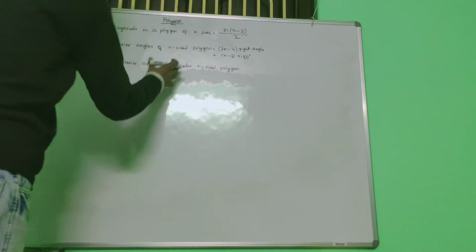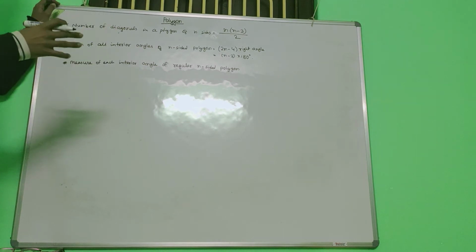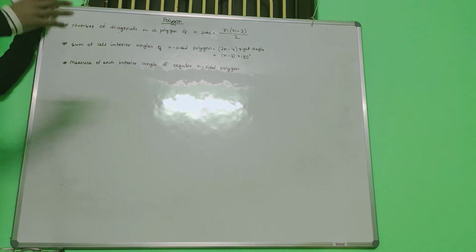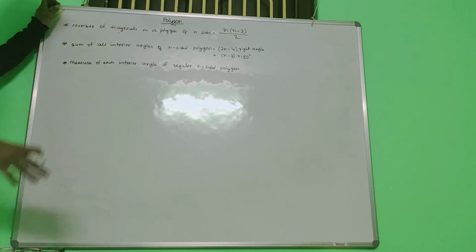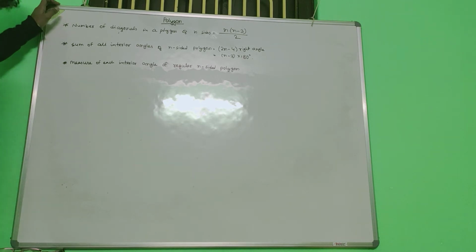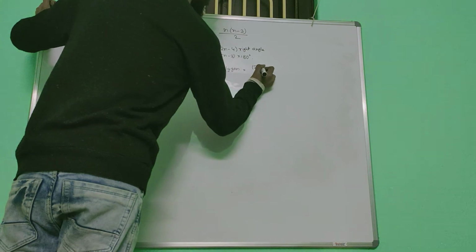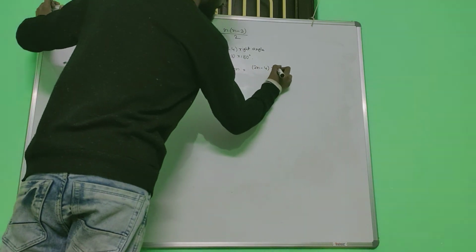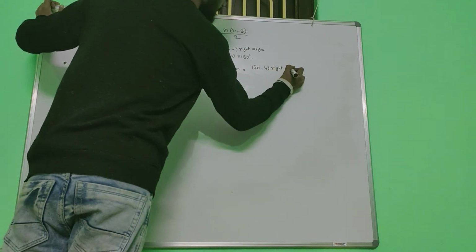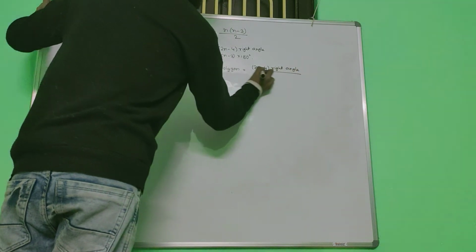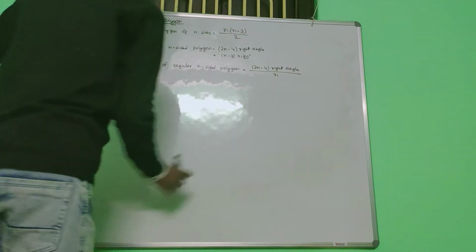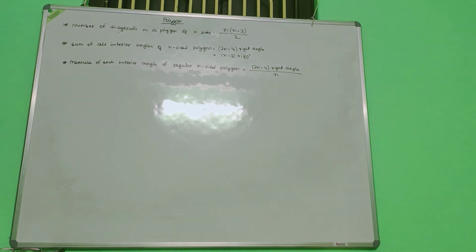A regular n-sided polygon means there can be any number of sides and all the sides have to be the same. It will be equal to 2n minus 4 right angles divided by n.